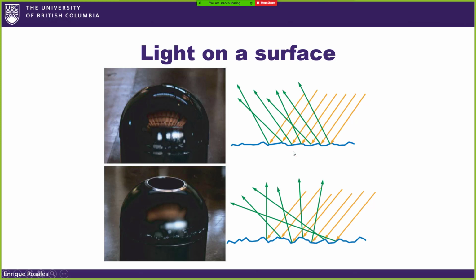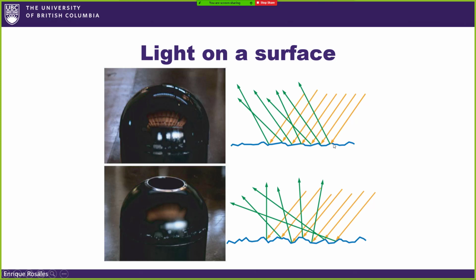So let's see these two different surfaces, right? So what is happening here is, imagine that you have a surface that is completely flat, and the orange arrows are basically the light rays, right? It's basically the light coming from your light source. If this is perfectly planar, it means that all your light rays, right?